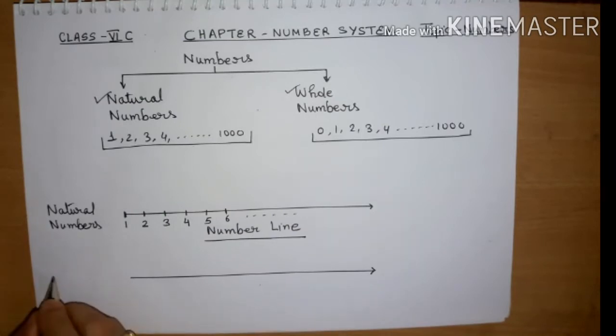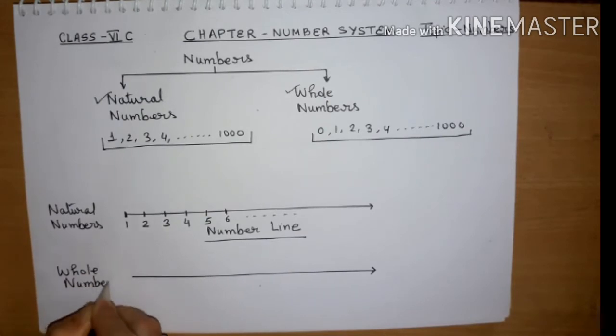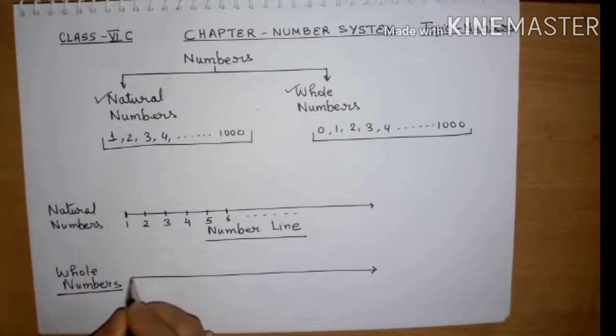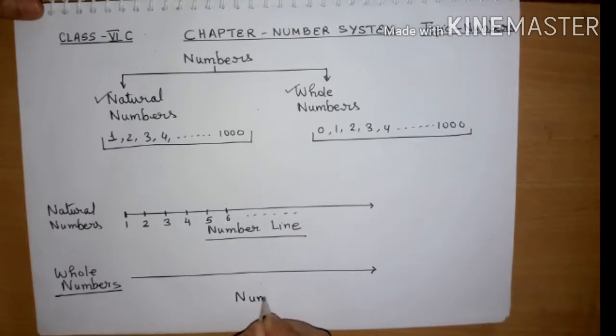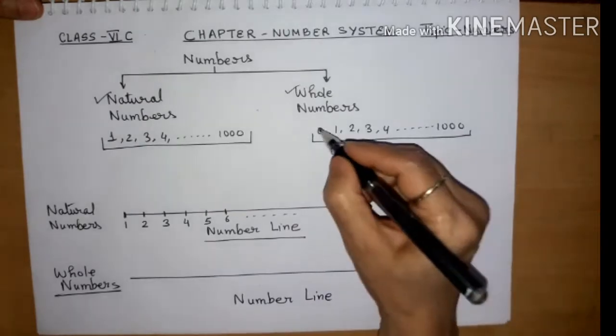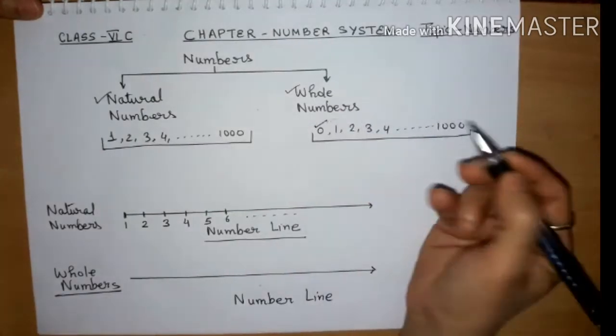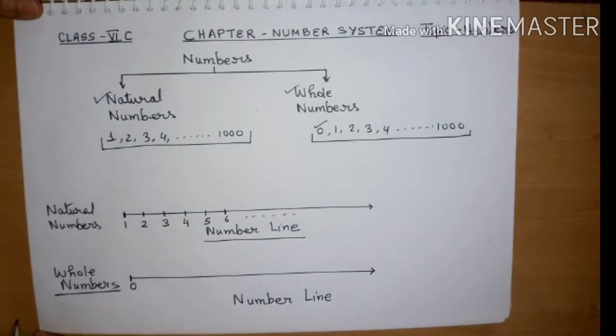Now let us understand how to represent the whole numbers. For that also we draw a line as we drew this, and we name it the number line. This time, because whole numbers start from 0, the first number here will be 0.